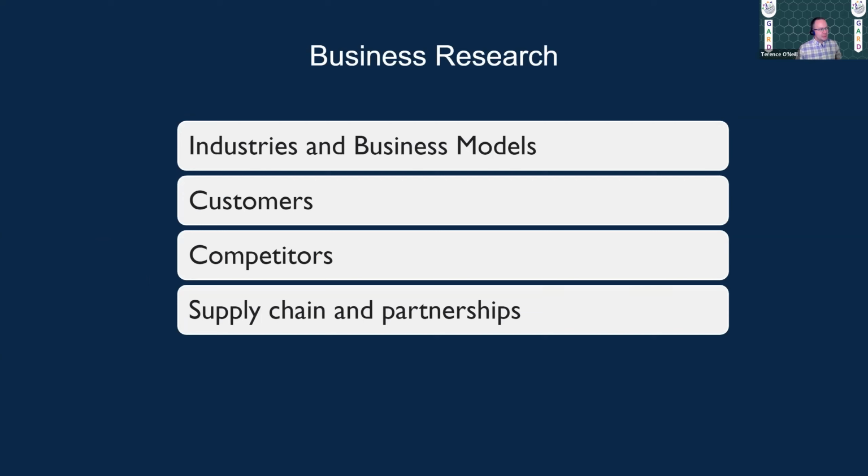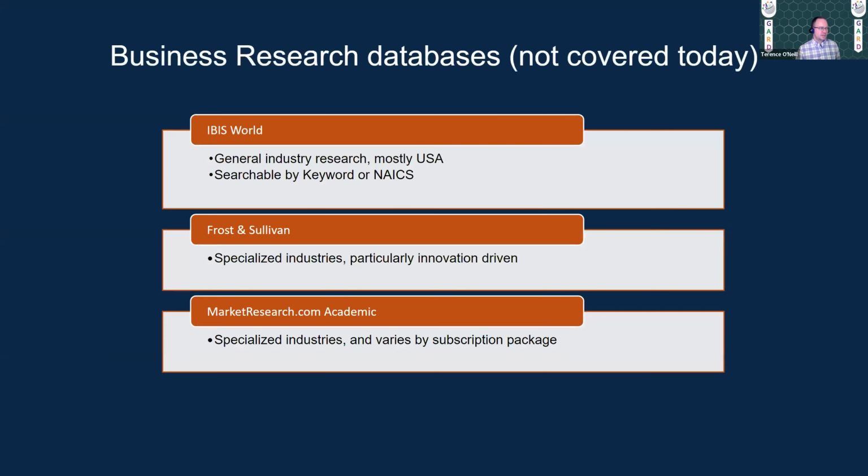The kinds of things we'll be looking at are industries and business models, customers, competitors, supply chains, and partnerships. These are all the sorts of things that can be better informed by an effective web search strategy.